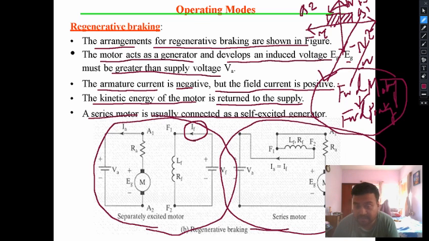But what about when the armature and the field circuit are connected in series, in case of a series motor? If you see the connection, this is the armature Ra, and this is the field, that is Rf.